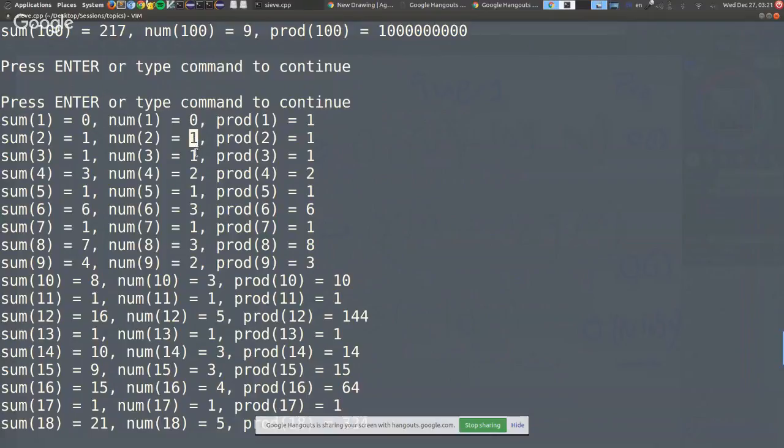And all the numbers with the count of divisors equal to 1 are the prime numbers, and so on. So here we don't count the number itself as one of the divisors, or we don't include it in the sum of divisors.